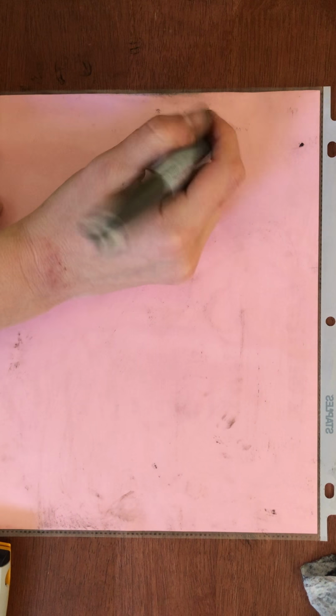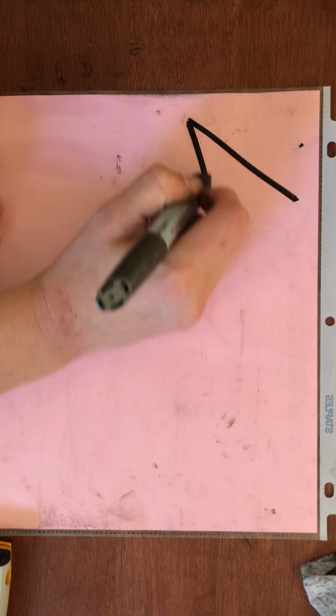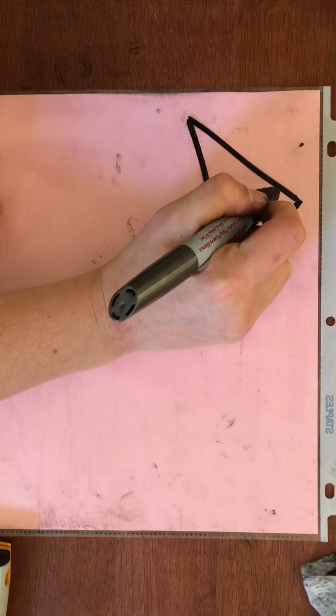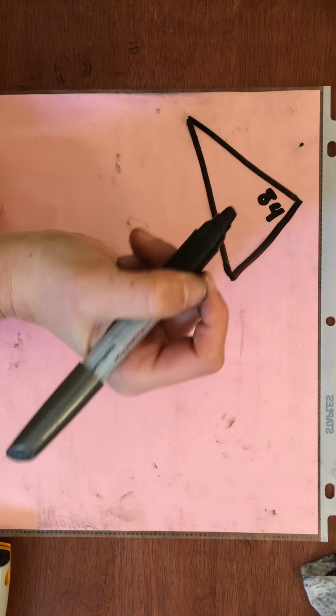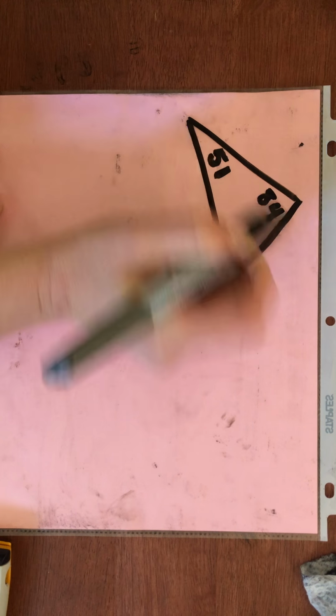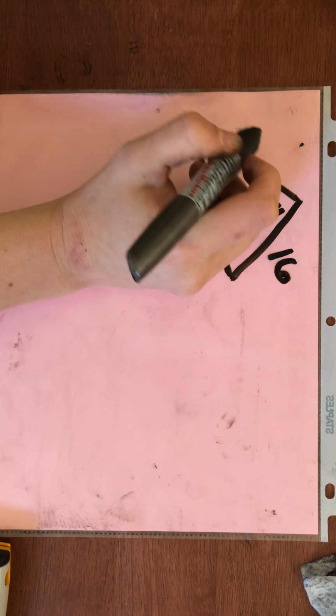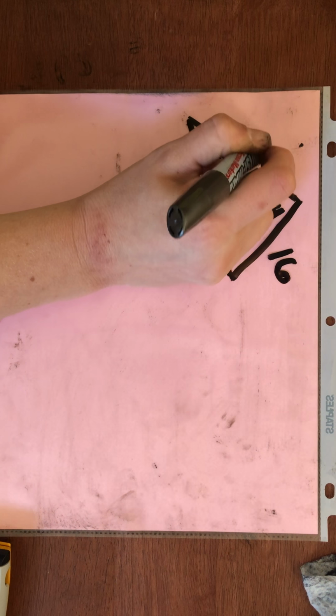So say we have a triangle, and we have 84, 51, 16. We want to find this side length right here. We'll call that A.